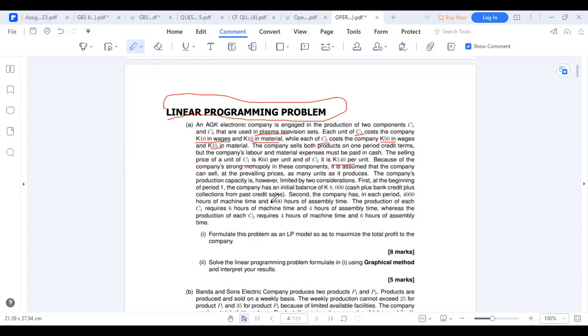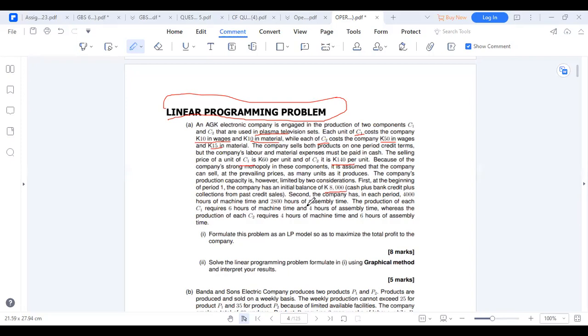The company production capacity is, however, limited by 2 considerations. There is first, at the beginning of the period, the company has initial balance of 8,000 cash plus bank credit plus collection from the past credit sales.